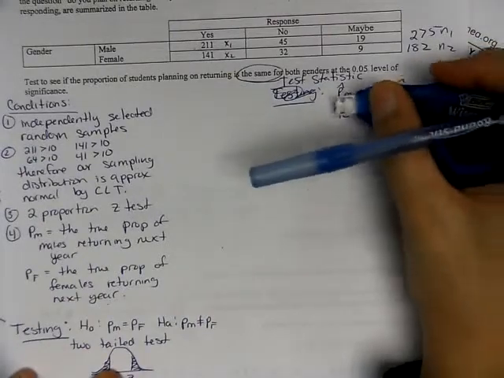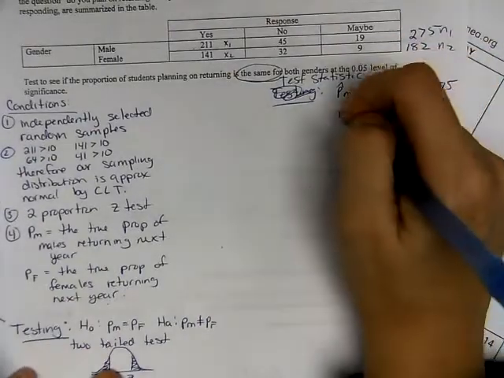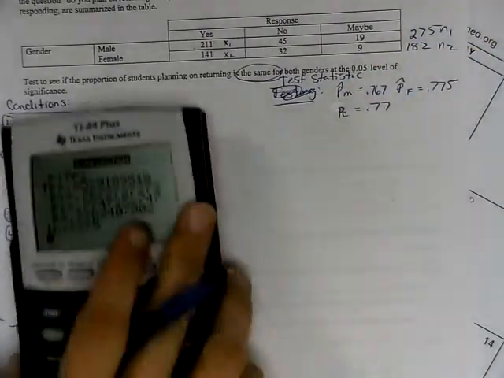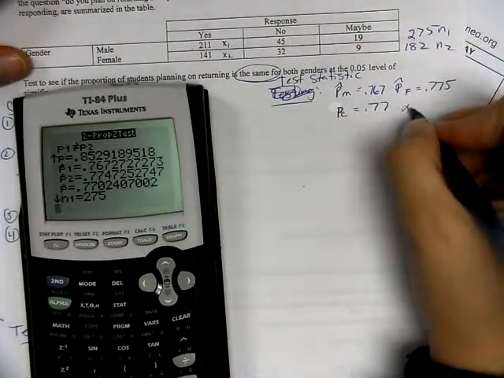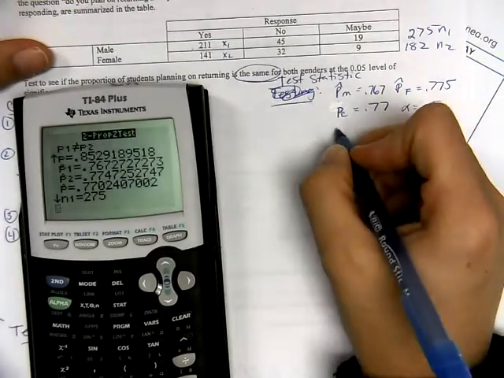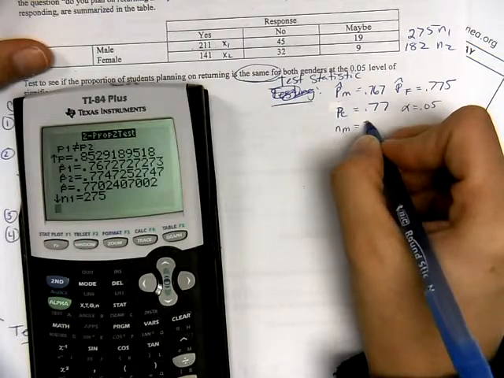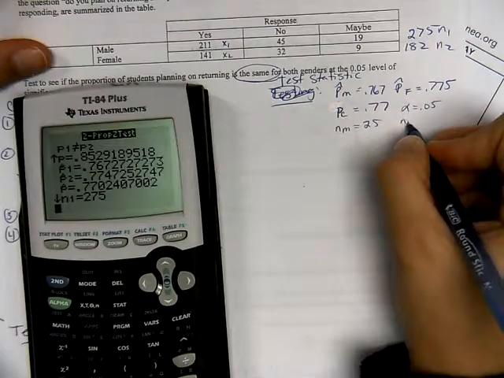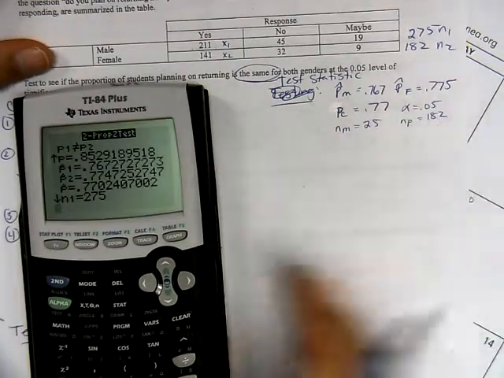So you're going to need that because our formula, there's no degrees of freedom here. Our alpha is 0.05. You can say n for the males was 275 and n for the females was 182.